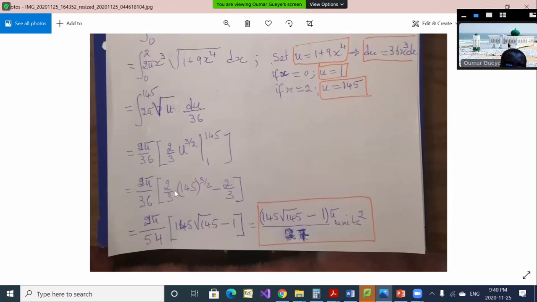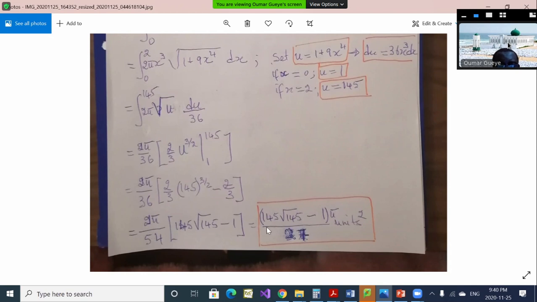I simplify, it's going to be just 2 pi over 54. Okay, because here I simplify, and it's just equal to 18. Going to be just 2 times 18, and 3 times 18 is going to be 54.